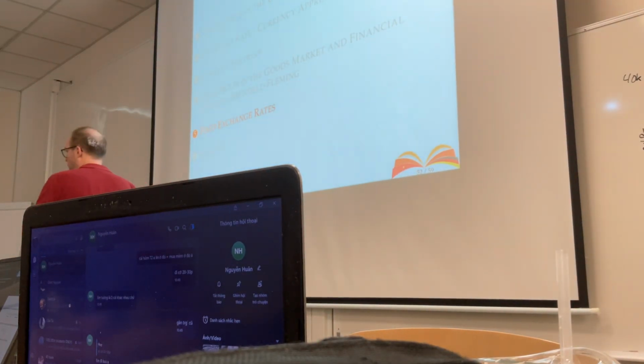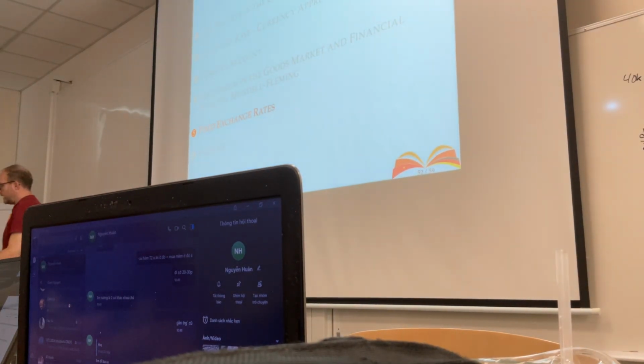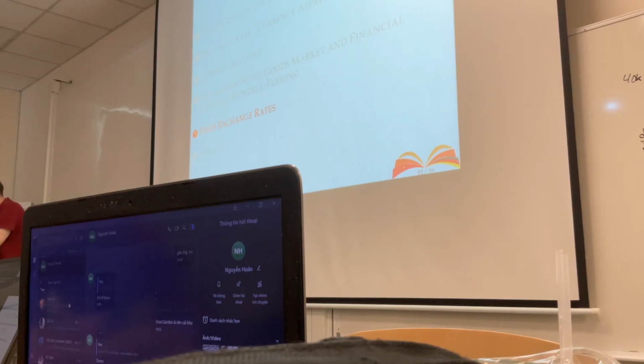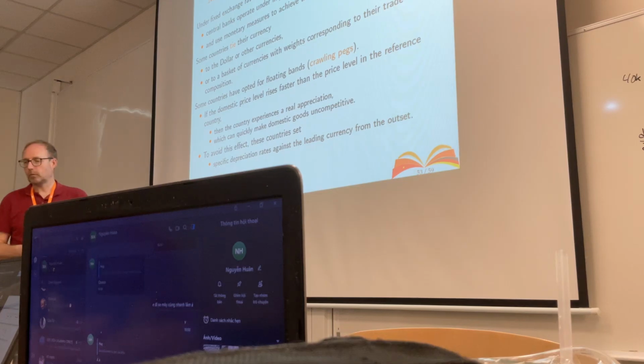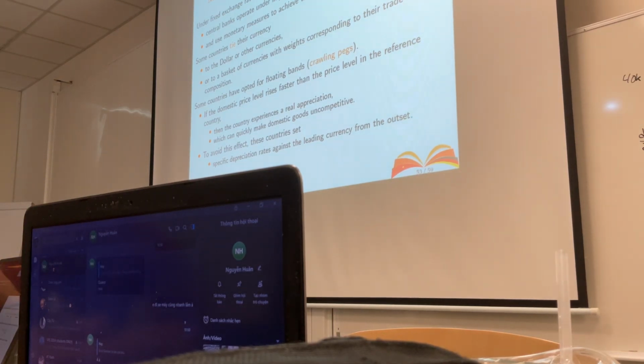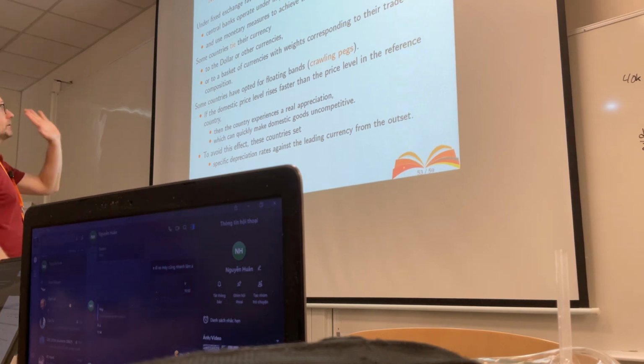And of course, many countries have done this all around the world for thousands of years. So under fixed exchange rates, you can have a central bank operating either under an explicit exchange rate target, or perhaps an implicit one, as in Denmark.